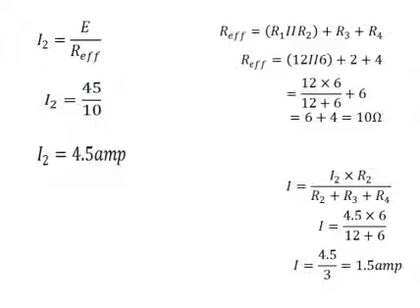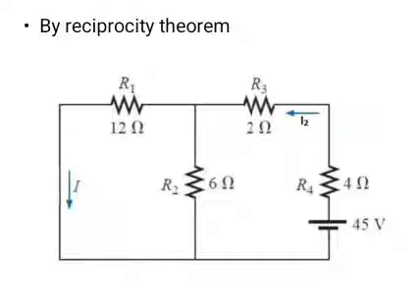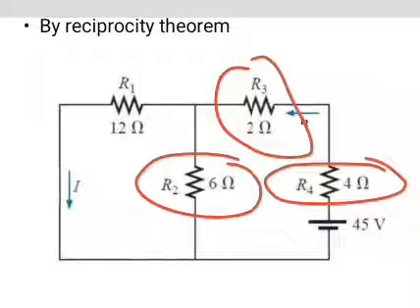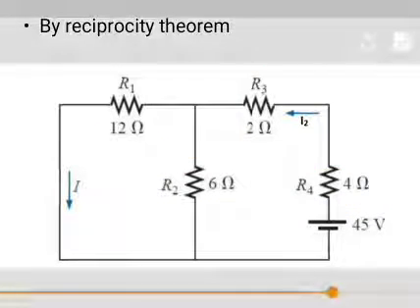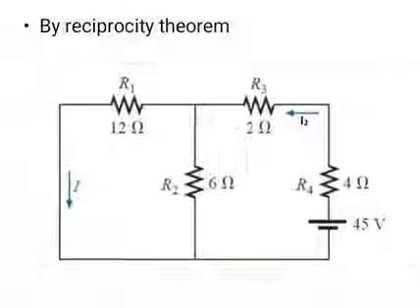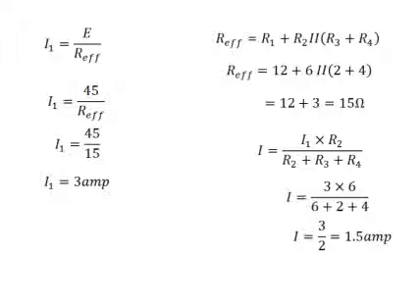So total R2 plus R3 plus R4 equals 12 plus 6. So I equals 4.5 into 6 divided by 18, that equals 1.5 amp. So I equals 1.5 amp.